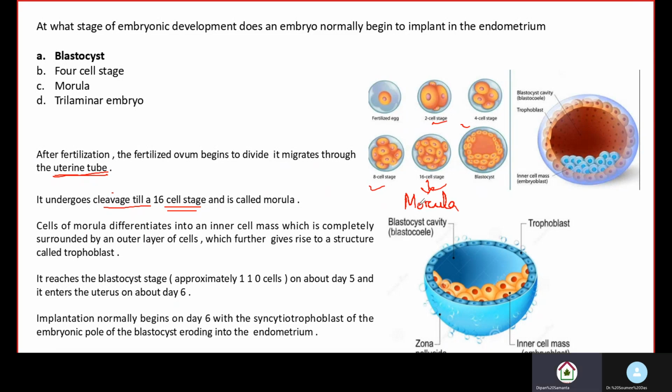While this happens, it travels through the uterine tube towards the fundus of uterus in order to implant there. Now the cells of morula differentiate into an inner cell mass which is completely surrounded by an outer layer of cells. These outer layer cells are called trophoblast.